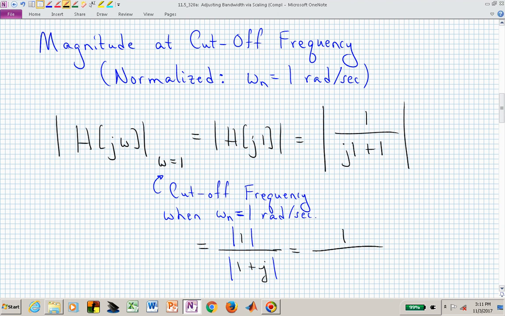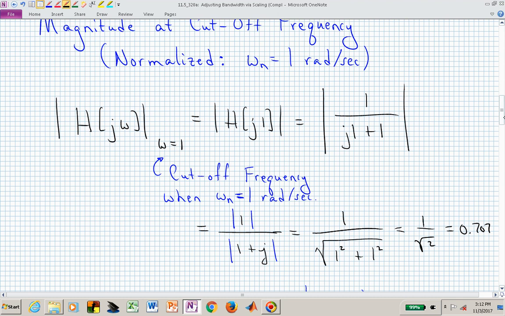Then we need to find the magnitude of this complex number that has a real component of 1 and an imaginary component of 1. We can find that by taking the square root of the real part squared plus the imaginary component squared. 1 squared is 1 plus 1 squared is 1. So now we have 1 over the square root of 2, or 0.707.